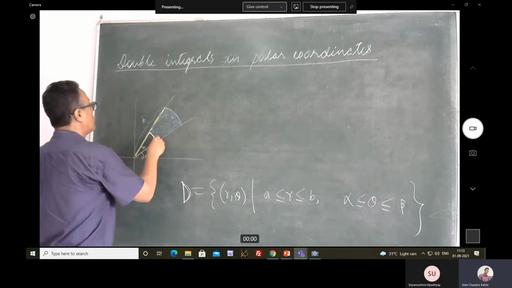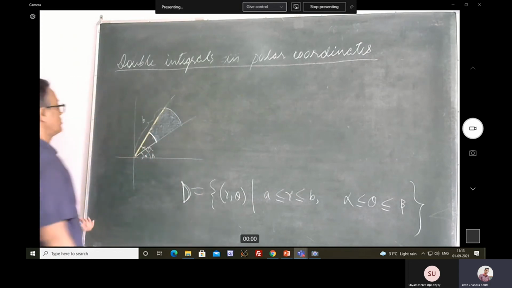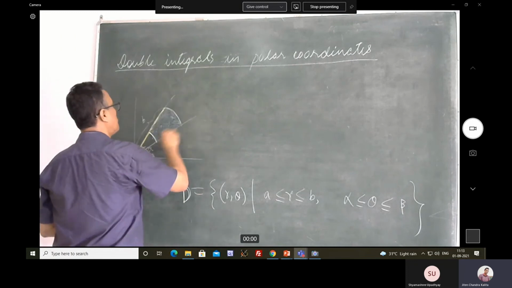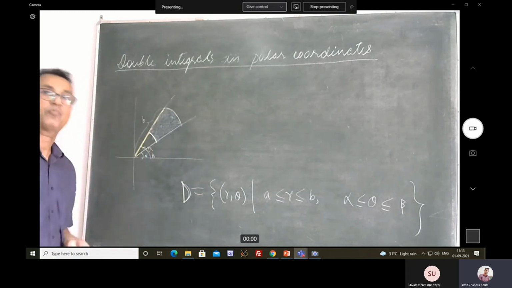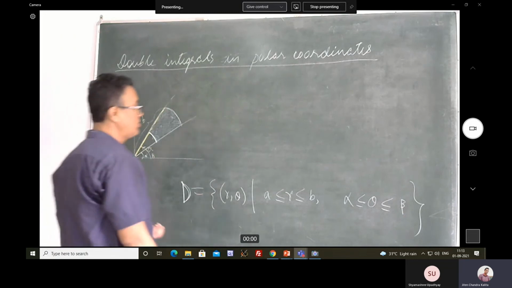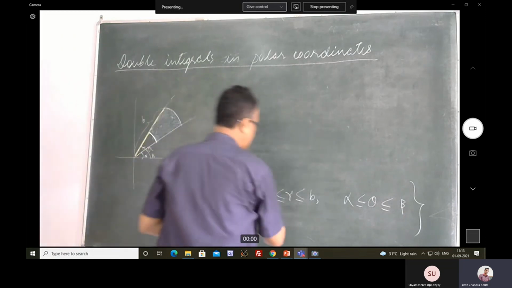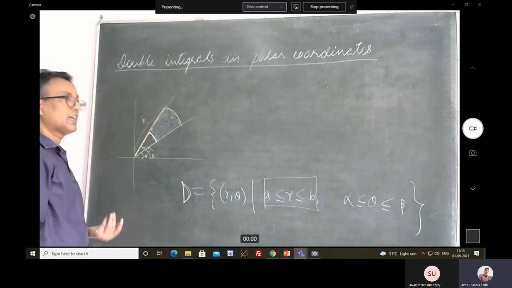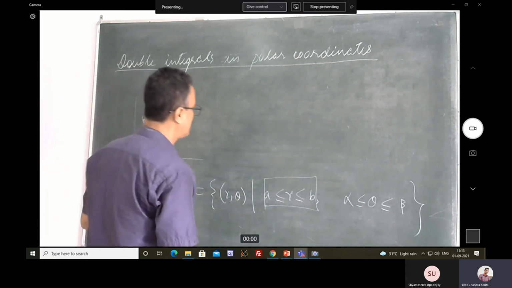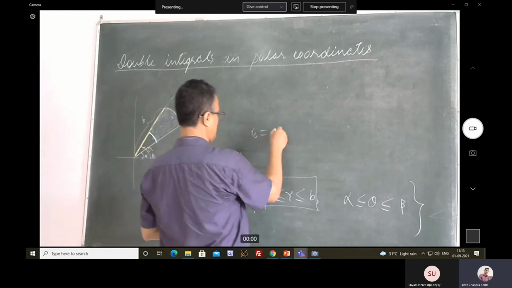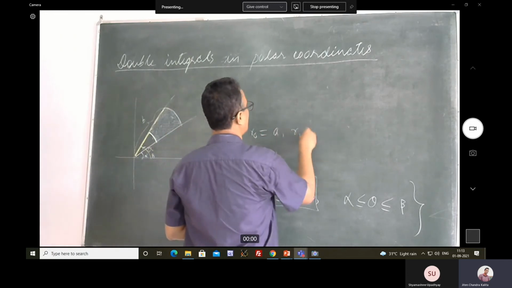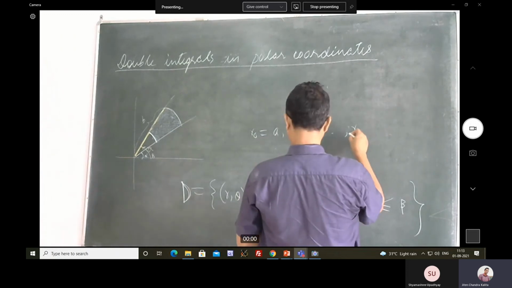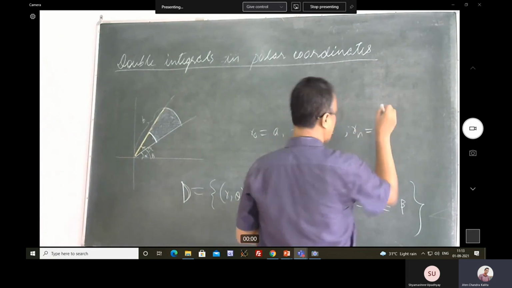Now, as before, we are going to divide this polar rectangle into some sub-rectangles. For this range of r, this interval, I am going to divide it into sub-intervals, like r0 equal to a, then r1, r2, etc., and finally rn equal to b.